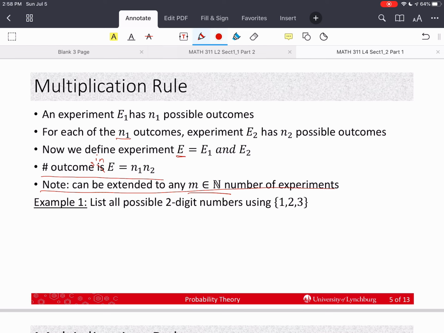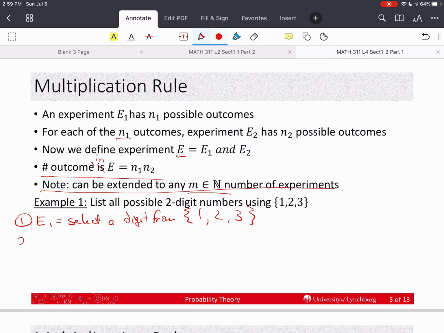So the first example is I want to list out all the possible two-digit numbers using 1, 2, and 3. So E1 is select a digit from 1, 2, and 3. So we said all possible two-digit numbers, so we can use the numbers over again, can't we?